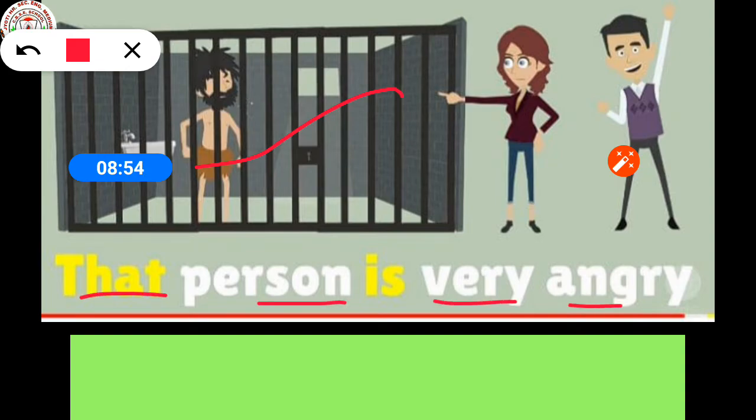That person is very angry. So, demonstrative pronouns always indicate place, people or thing, and they always identify someone or something. I hope you all understand what demonstrative pronouns are.